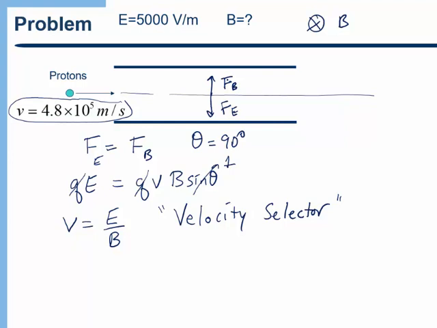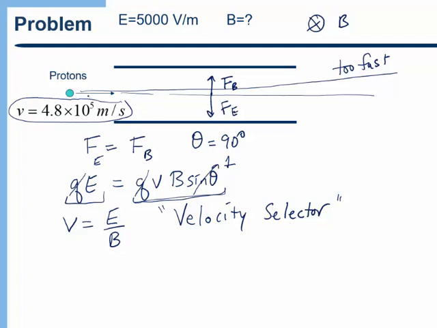But now think about what happens if you send a particle going through too fast. Remember, the magnetic force depends on the velocity, but the electric force does not. And so a particle that's going too fast will experience a greater magnetic force and will be deflected up. On the other hand, a particle that's going too slow, now the magnetic force would be less, but again, the electric force wouldn't change.